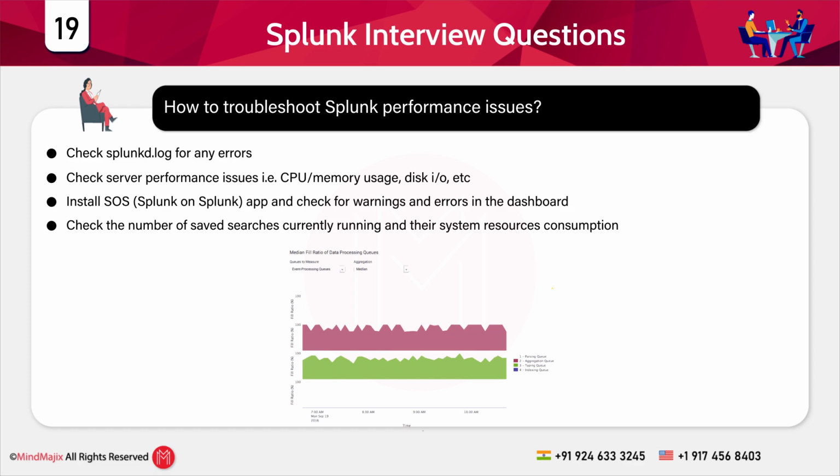Also, you must install SOS, which is the Splunk on Splunk app, and check for warnings and errors which might be present in the dashboard. After this, you can check the number of saved searches currently running and their system resources consumption. After this, you can install Firebug, which is a Firefox extension.